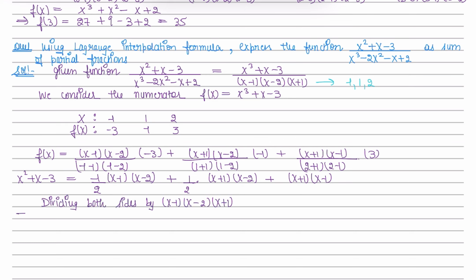And we get x square plus x minus 3 whole divided by x minus 1, x minus 2 into x plus 1, which is equal to minus half of 1 upon x plus 1 plus half of 1 by x minus 1 plus 1 upon x minus 2. This is our required answer.